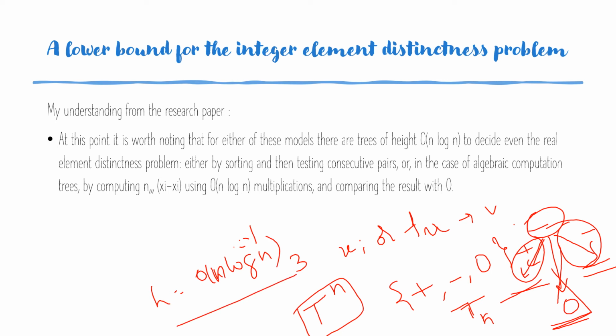For this element distinctness problem, they are defining two methods for this particular tree T of n. They are either sorting and comparing the adjacent elements just like before, or they are doing a different type of computation, the product over i not equal to j of xi minus xj.